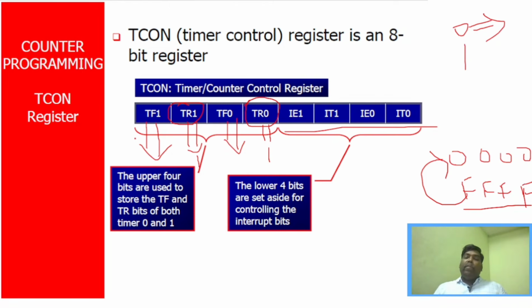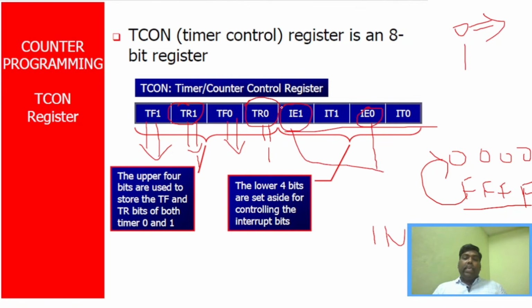And apart from it, we have seen something called INTx, which is nothing but the external clock pulse which we give, an external interrupt. Whenever there is an external interrupt, it will be enabled in these 2 pins. You can see external interrupt 0 and external interrupt 1, IE0 and IE1.